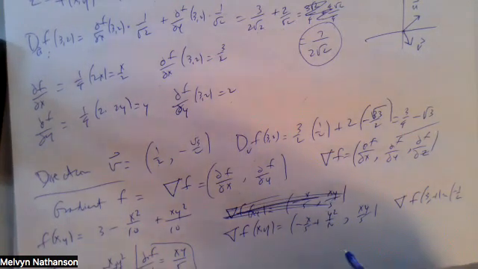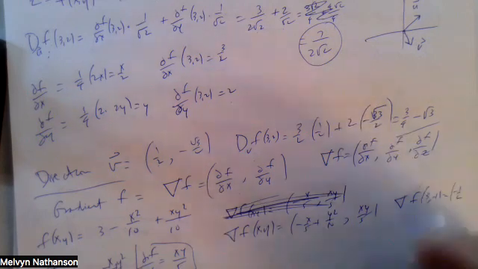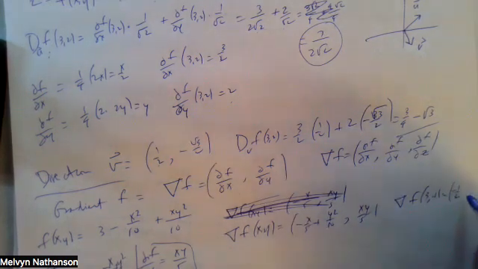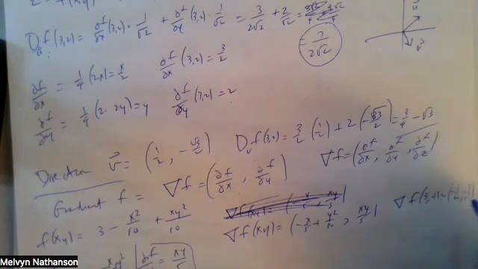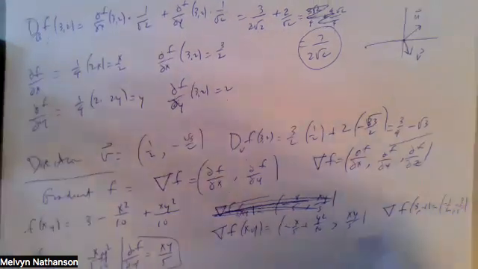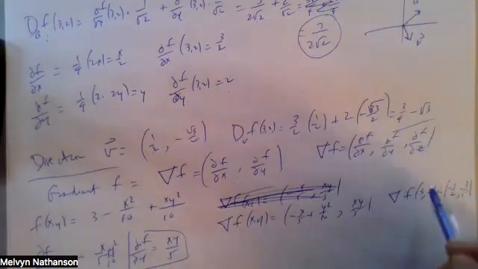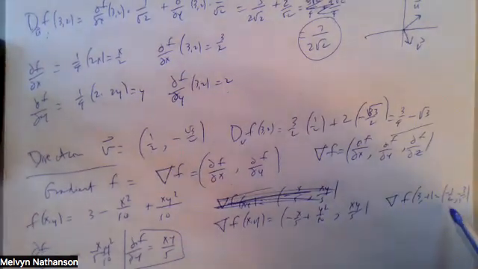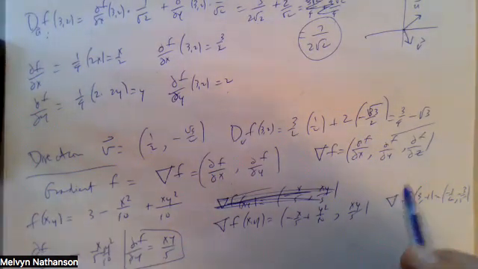And when y is minus 1 and x is 3, this is minus 3/5. So the gradient of f at the point 3, minus 1 is minus 1/2, minus 3/5.